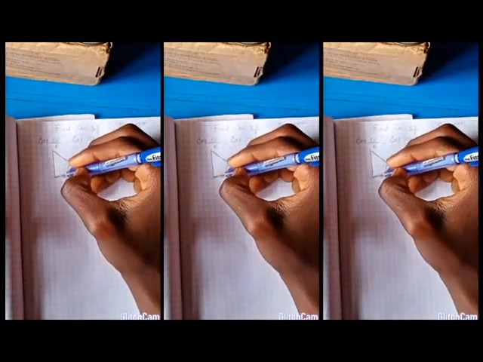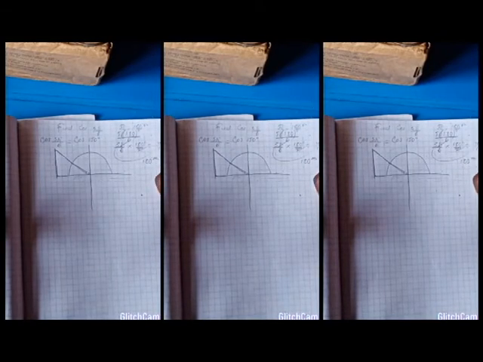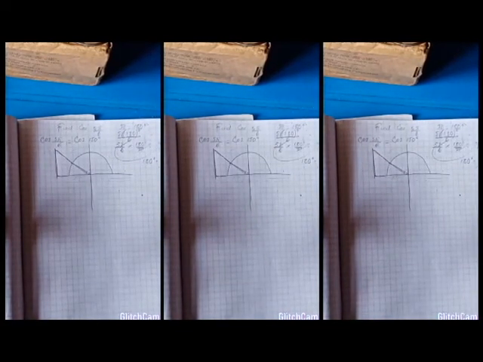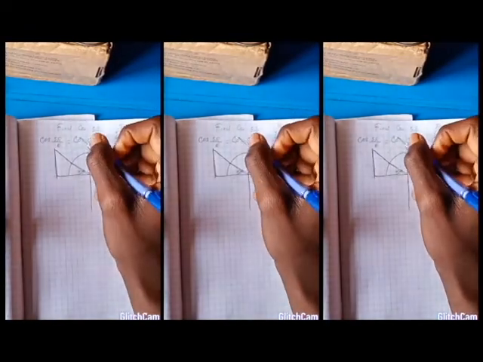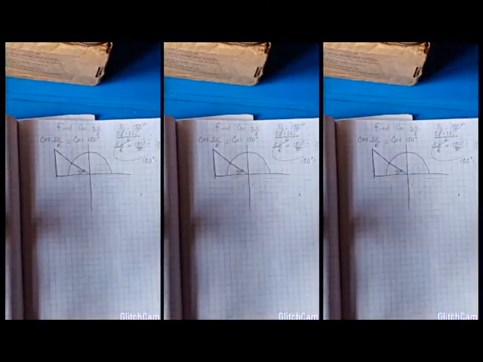Now we can plot the angle: 180 minus 150 equals 30. We got 30 degrees as our reference angle here, so we can use it.